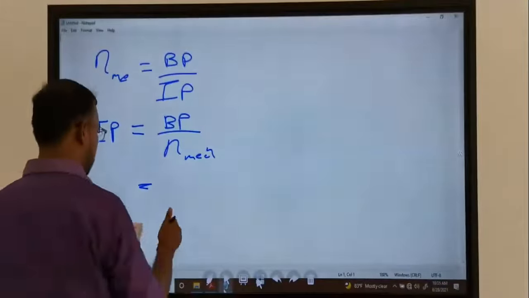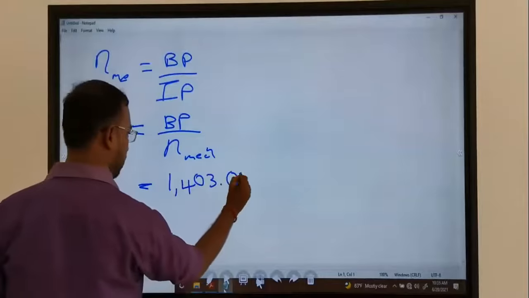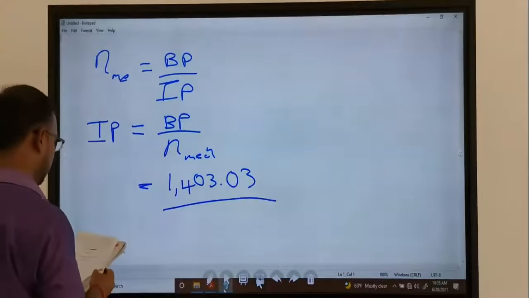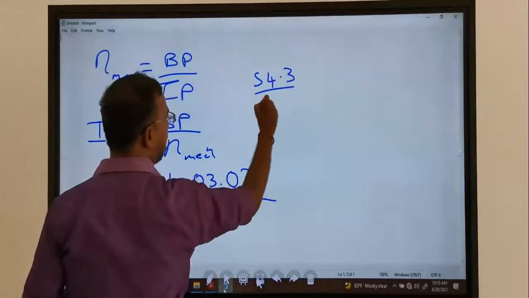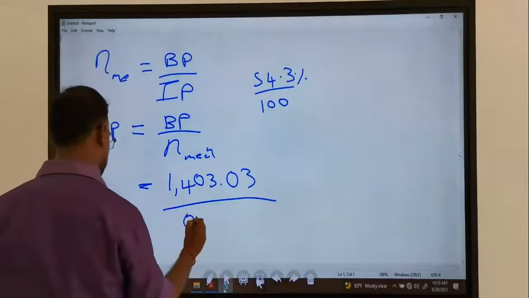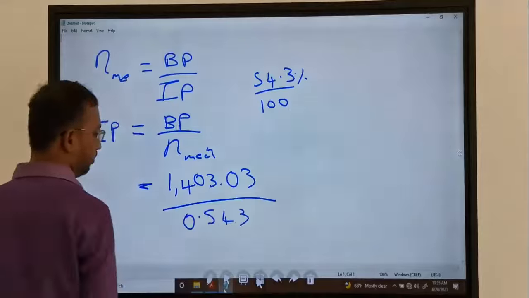So this is the brake power, and the efficiency is 54.3 divided by 100, since it is a percentage, so 0.543.